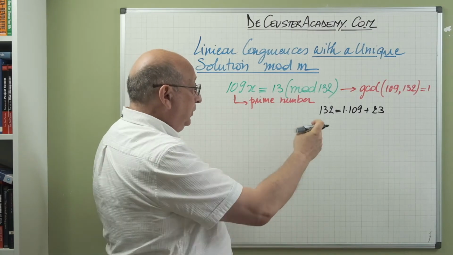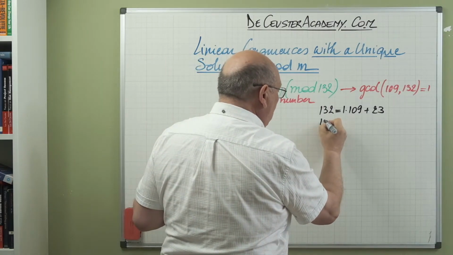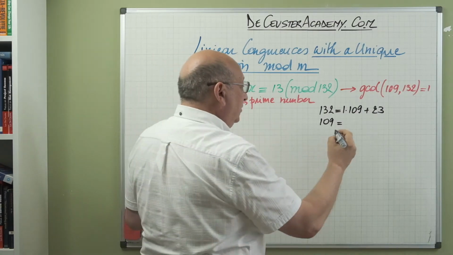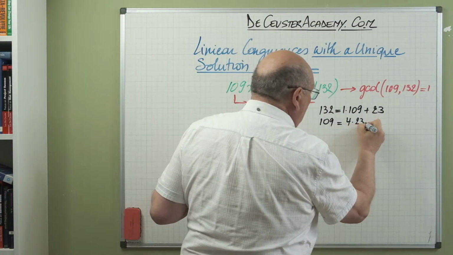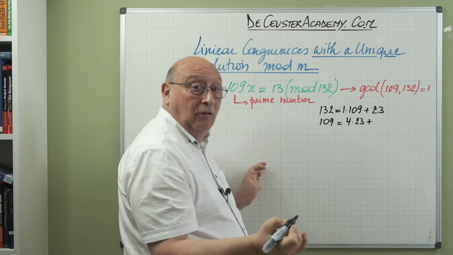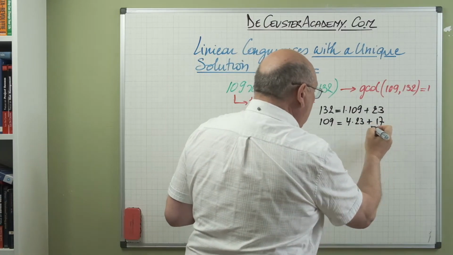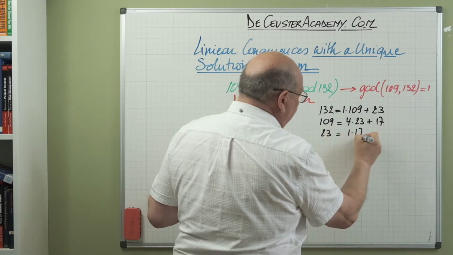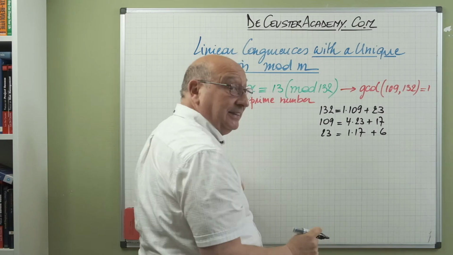Now we continue with 109 and 23. 109 is equal to 4 times 23 plus 17. And now we have 23 is 1 times 17 plus 6.